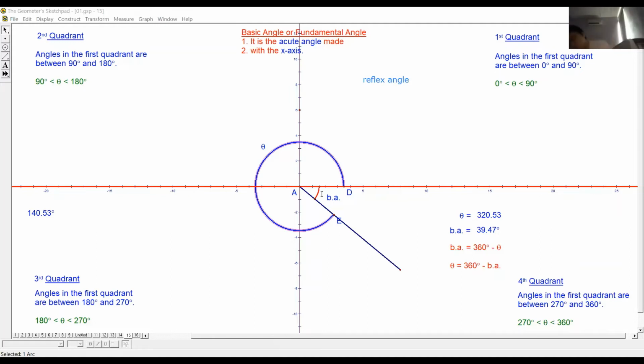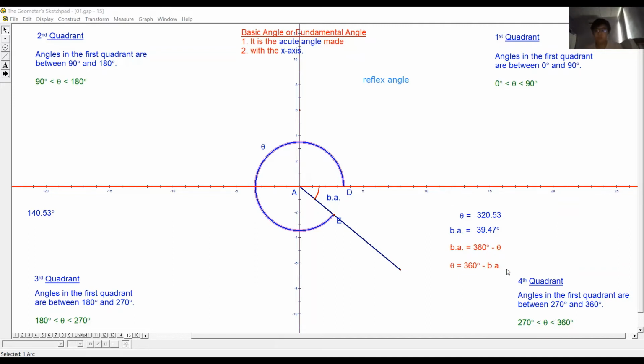So the calculator will only give us the basic angle. Now, how is this basic angle related to the actual angle itself? The relationship is here.